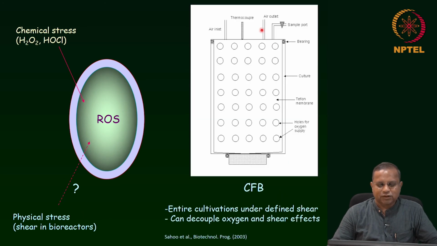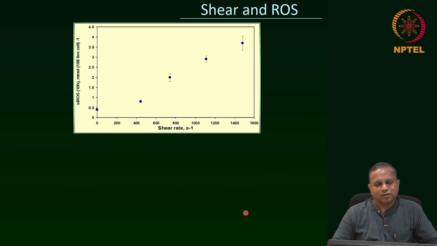Also, we designed and fabricated a device entirely based on the principles of transport phenomena. We had used the expressions that were derived in this course, and such a device could do entire cultivations under defined shear stress. It can decouple oxygen and shear effects and so on. And these were some of the very interesting results.